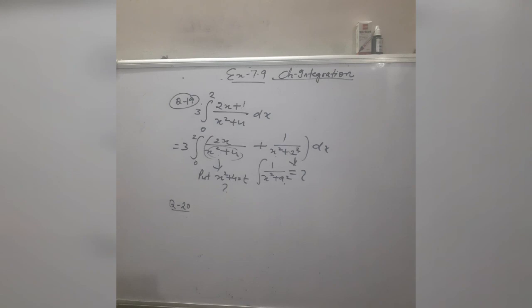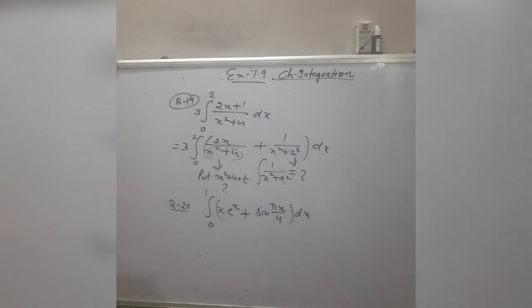Now I will explain question number 20. In question number 20, the function is x into e raised to power x plus sin pi x divided by 4. Find the integration with limits 0 to 1. Now how will you find the integration of x into e raised to power x?